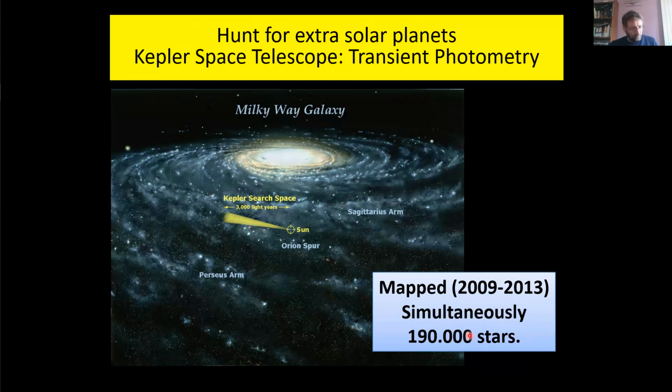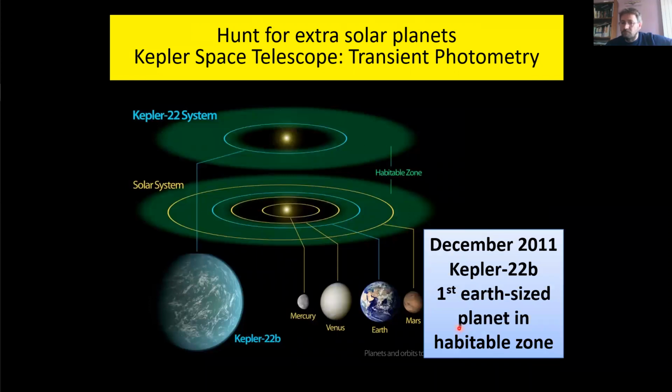And back then, a lot of publications came out. First was the Kepler 22 system, which was basically this. What is quite interesting, the star is similar to our sun.